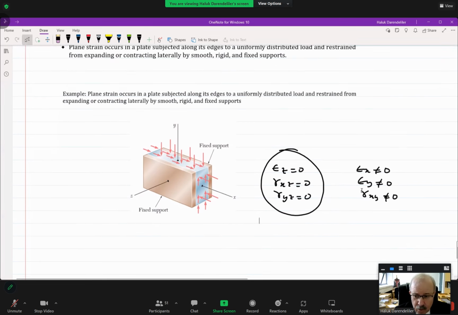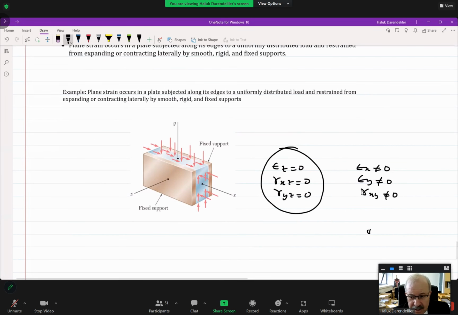As a result of this, sigma X is non-zero, sigma Y is non-zero, tau XY is non-zero, but this time sigma Z is non-zero because of Poisson's ratio. However, tau XZ is 0, tau YZ is 0. This is a plane strain condition.